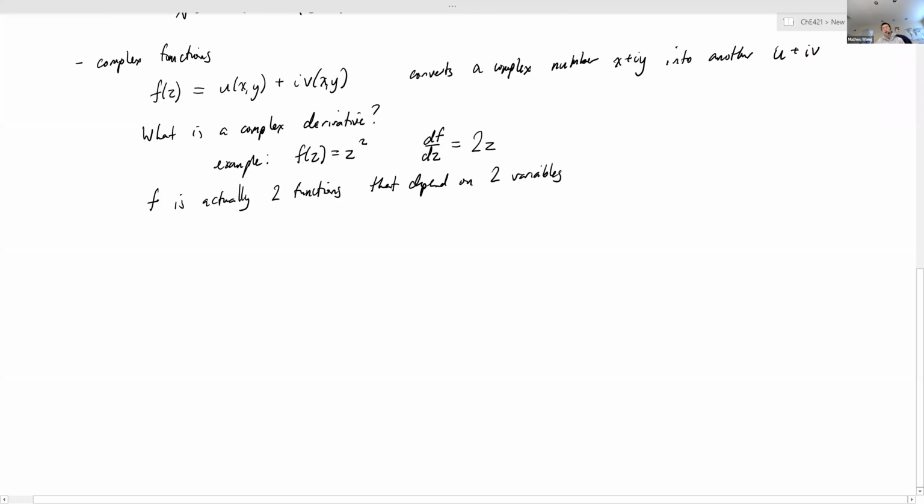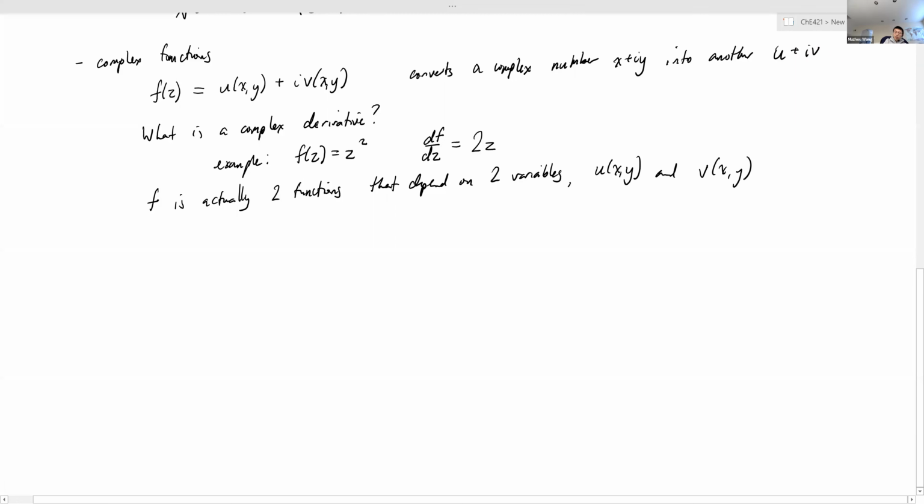Just like how complex numbers aren't really complex numbers, it's actually just two numbers that we decided to smush together and have an i in there somewhere. And there are certain rules that you have to follow, like complex conjugates, and every time you multiply an i and an i together it gives you a real number again, or something like that. A complex function f of z is actually two functions. Those two functions are u, which depends on x and y, and v, which also depends on x and y.